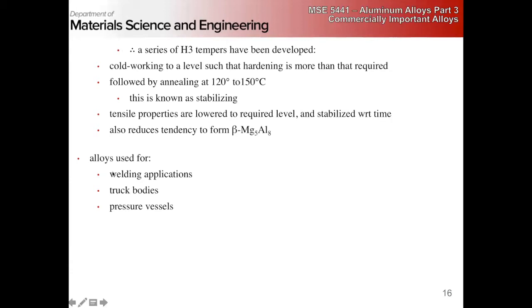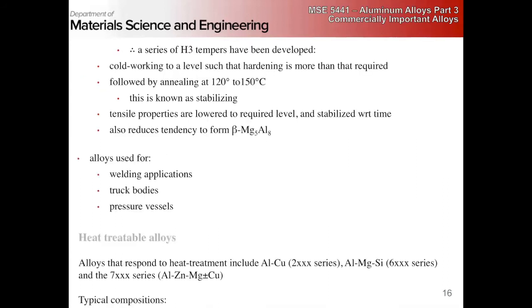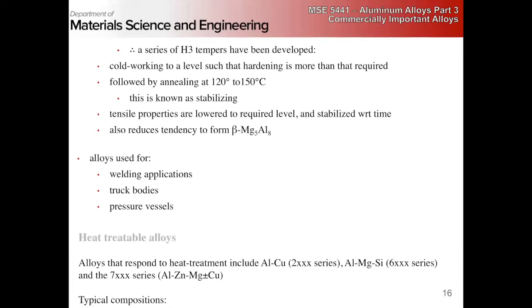These alloys are really good for welding. 5000 series as a whole are highly weldable, really commonly used for truck bodies, pressure vessels, things that we need to stick together easily.